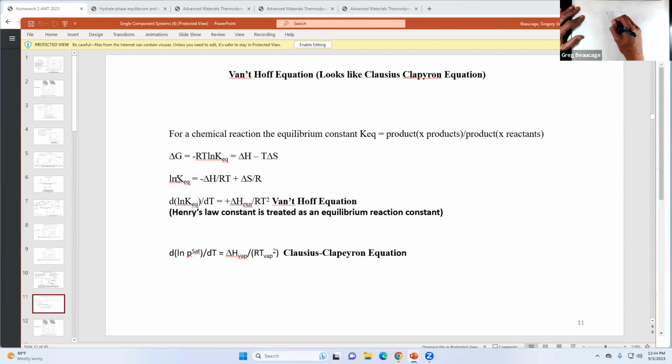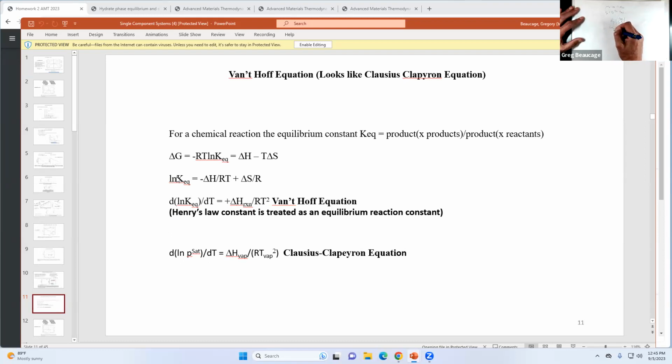Then you take this equilibrium constant. When the chemical potential of A plus the chemical potential of B equals the chemical potential of AB in the reaction, then you have this equilibrium constant. This is XAB over XA, XB. So it's just the ratio of those things.